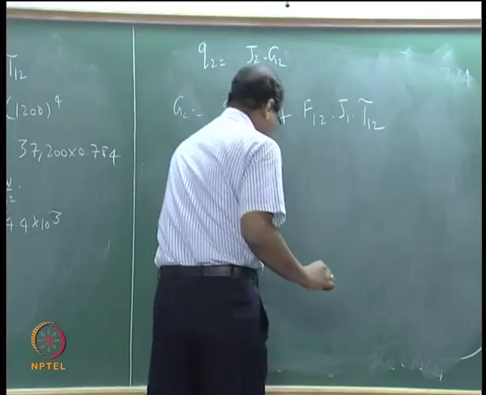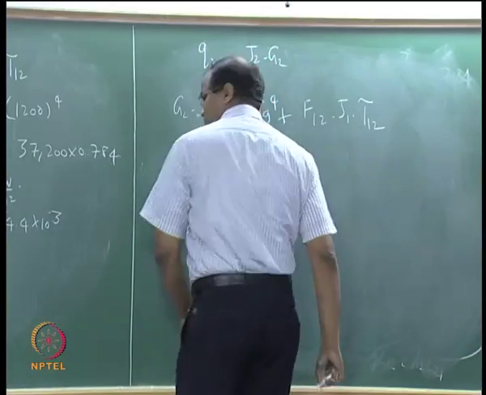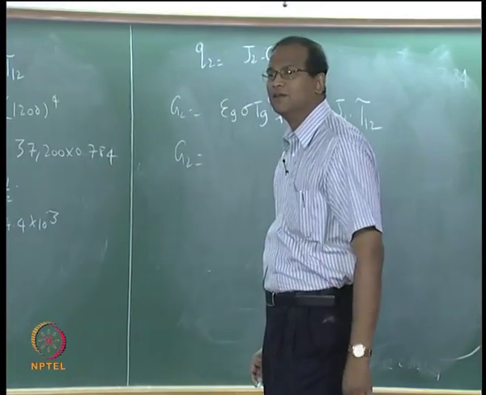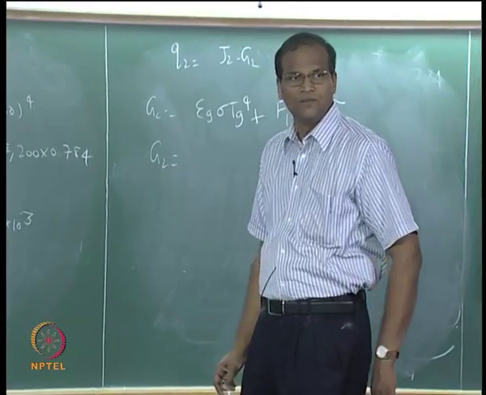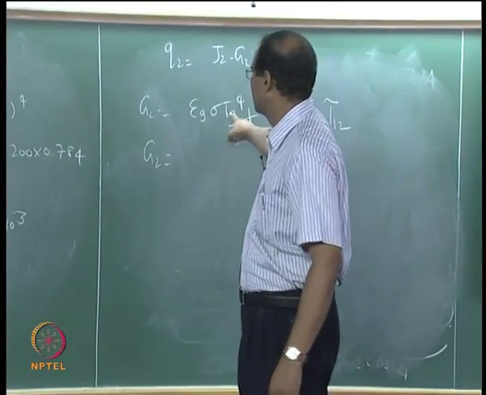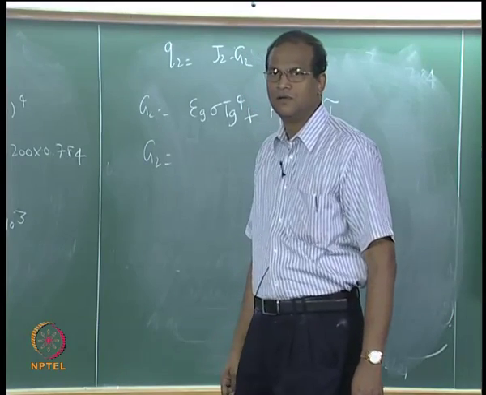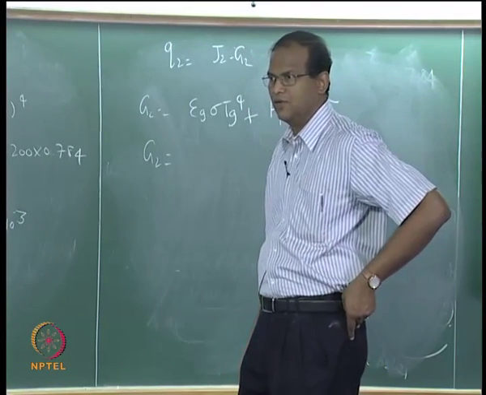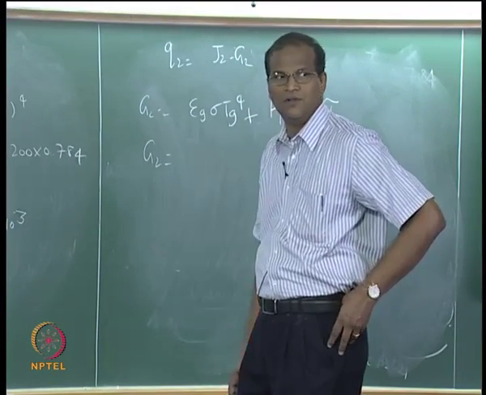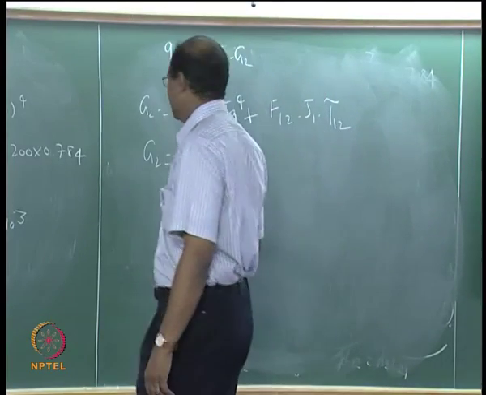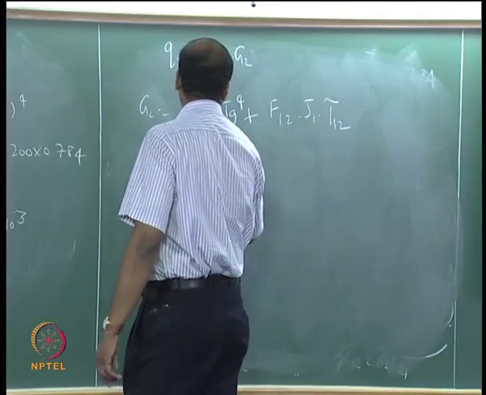What is the first term? 25,395.8. What is it? No, what is it more? 252.7 kilowatt per square meter.